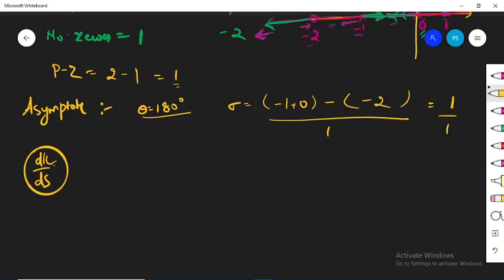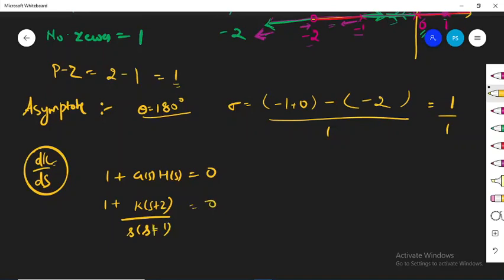We'll quickly do it. The characteristic equation will be 1 plus G(s)H(s) equal to 0. From here we can find out the value of k. Here G(s)H(s) is given, so 1 plus k into (s plus 2) divided by s into (s plus 1) is equal to 0.